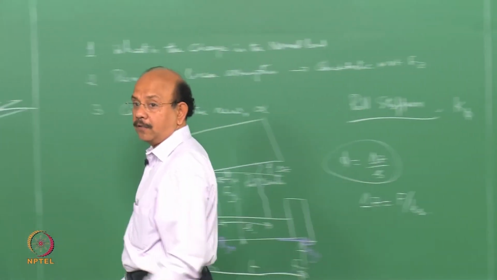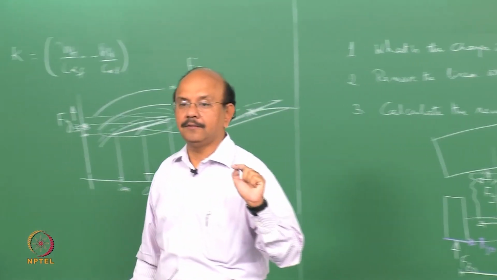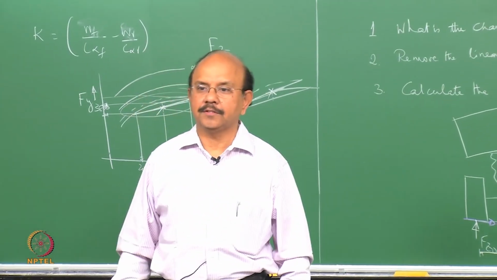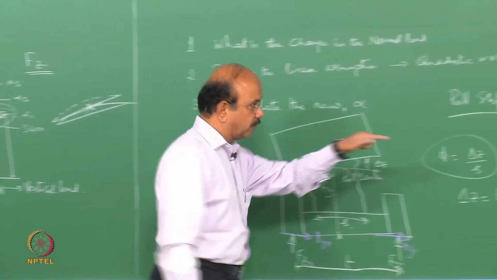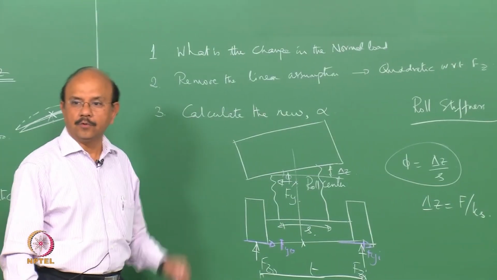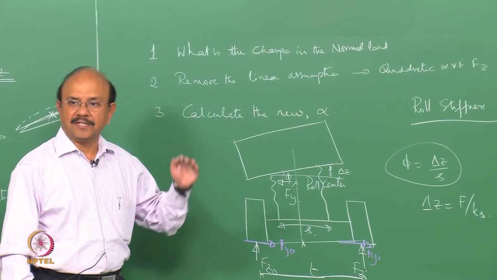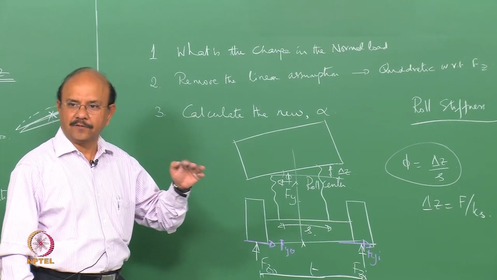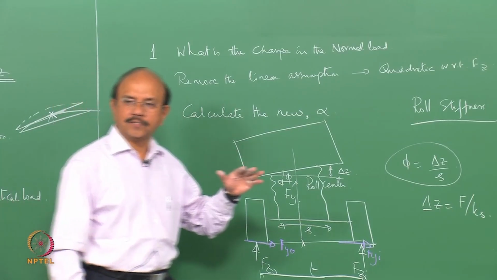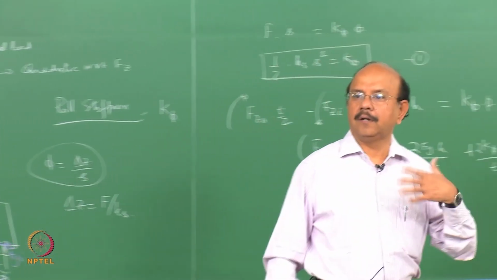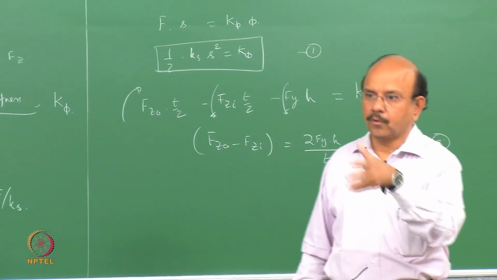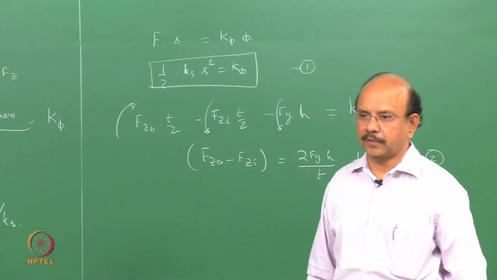That is not the CG location. In fact, the roll center, I'm going to do that now. The roll axis is at a distance from the center of gravity, and that's going to cause a moment about the roll axis and so on, which we'll go on to derive now.